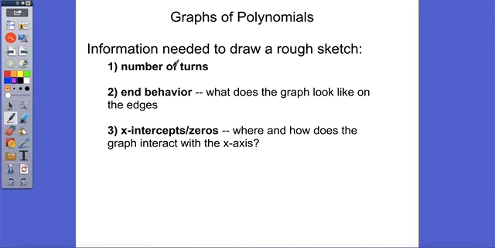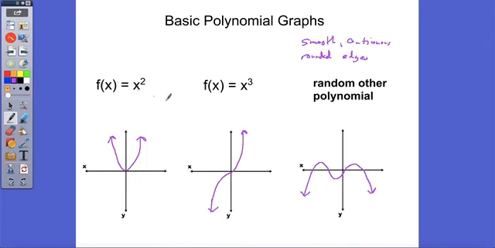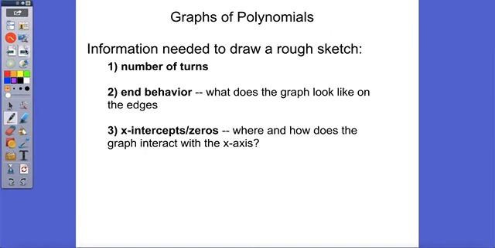The number of turns indicates how many times it turns around and changes from increasing to decreasing. For this one in particular, that would be 1, 2, 3 times it changes direction. That's what I mean by 3 turns. This one would have 1 turn because it changes direction 1 time. This one would have 0 turns. It does not change direction at all.